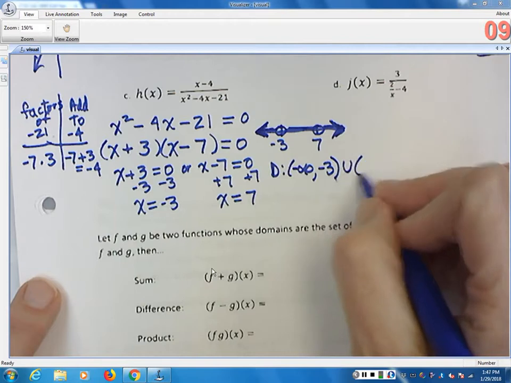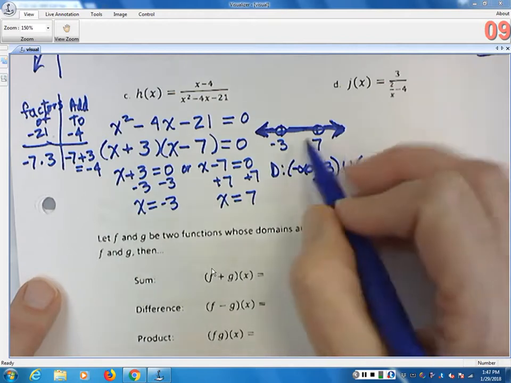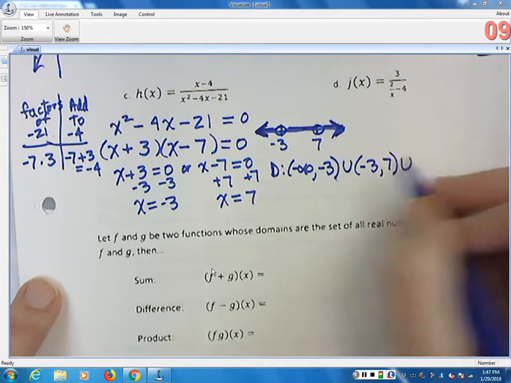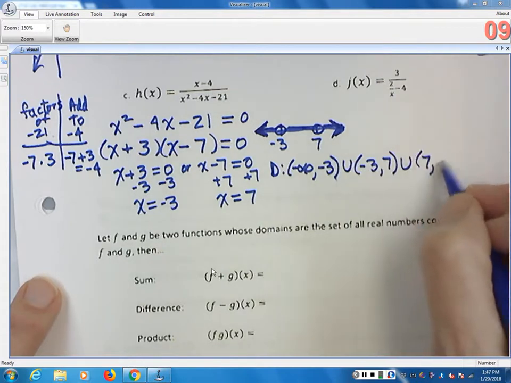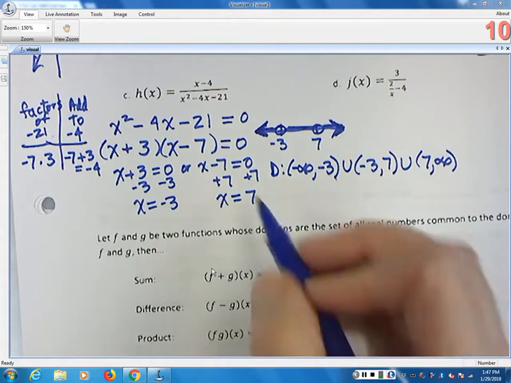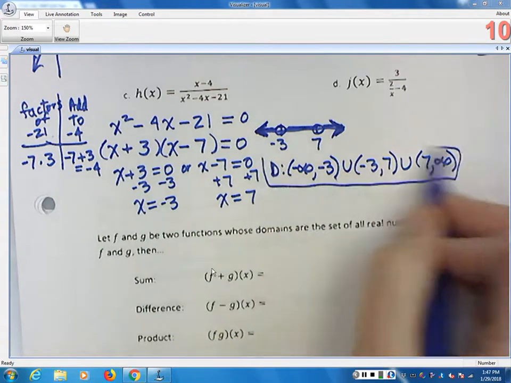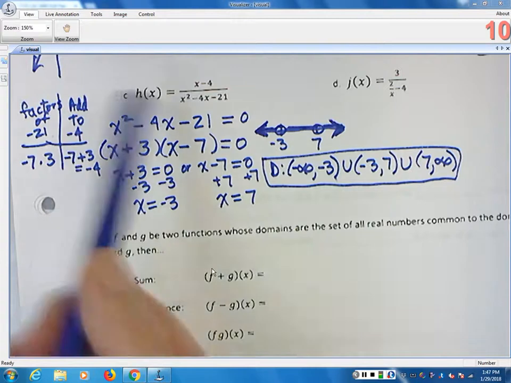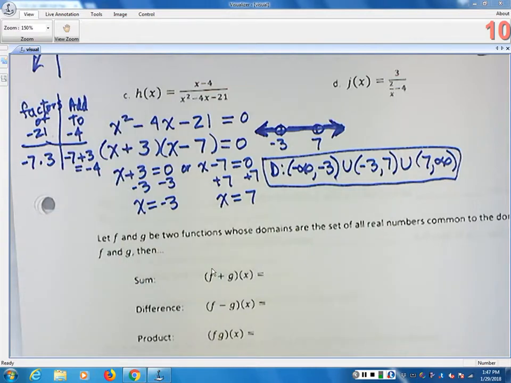Union negative 3 to 7. Union 7 to infinity. And that's the domain for this function. We just excluded the values that would make the denominator 0. Notice we didn't solve this equation or anything, it asked for the domain.